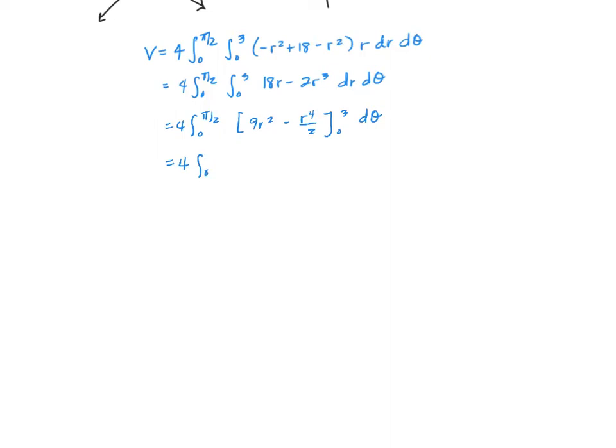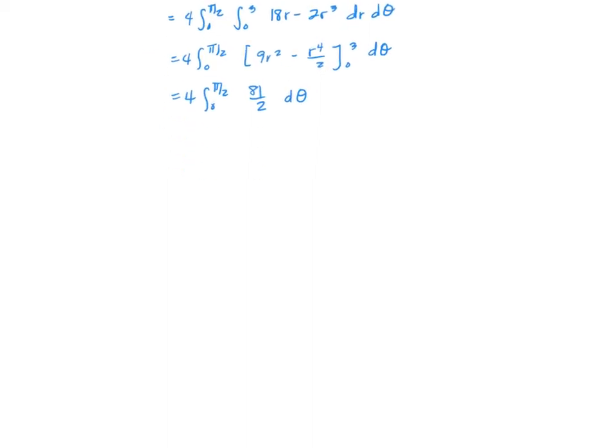So when we evaluate that integrand and put in 3, it becomes 81 minus 81 over 2, which is simply 81 over 2, and then minus 0. So it's just 81 over 2. Integrating with respect to theta, this becomes 4 times 81 over 2 times theta, evaluated from 0 to pi over 2.